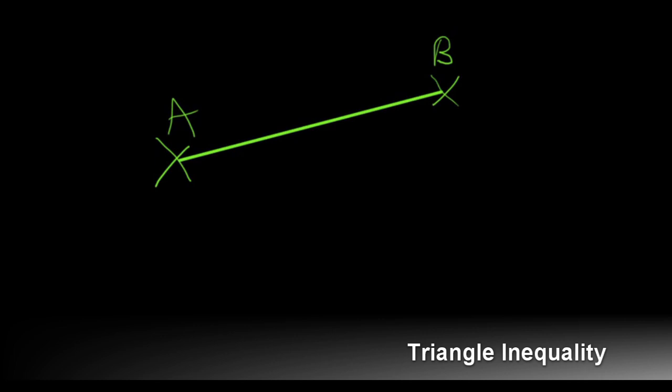And so if I then choose another point anywhere on this plane, for example here, and we call this point C, if I then connect A to B through point C using 2 lines, so if I go from here to here and then to here, you can clearly see that if I got to B via C, going from A to C and then from C to B, this is not a direct route, and so the length of AC and CB must be greater than the length of AB.